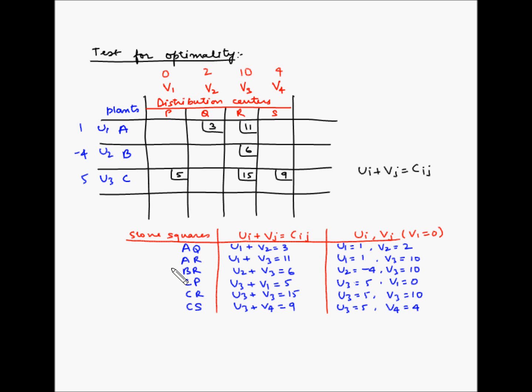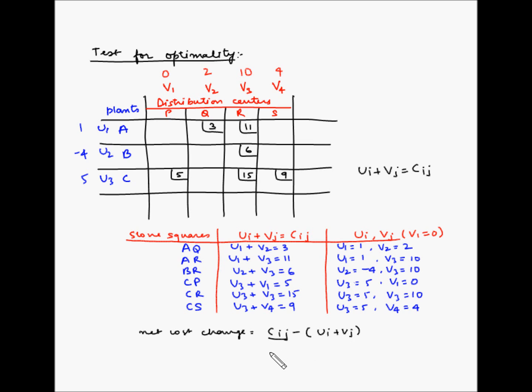So in this step we found out the value of Ui and Vj using the cost of the stone squares. And now we'll use these values of Ui and Vj to find out the net cost change for the water squares. And the net cost change is equal to Cij minus Ui plus Vj.